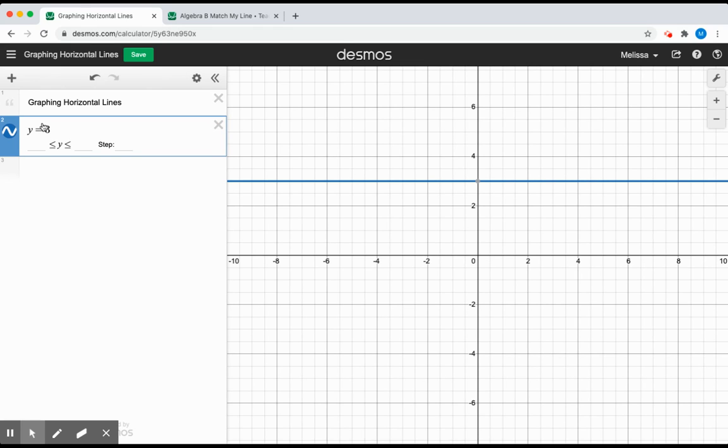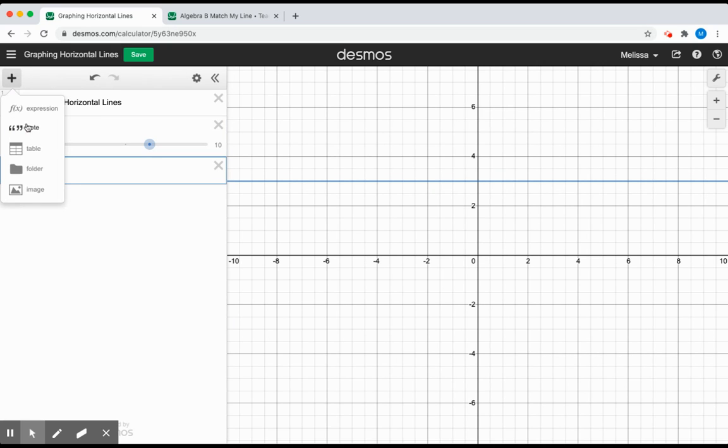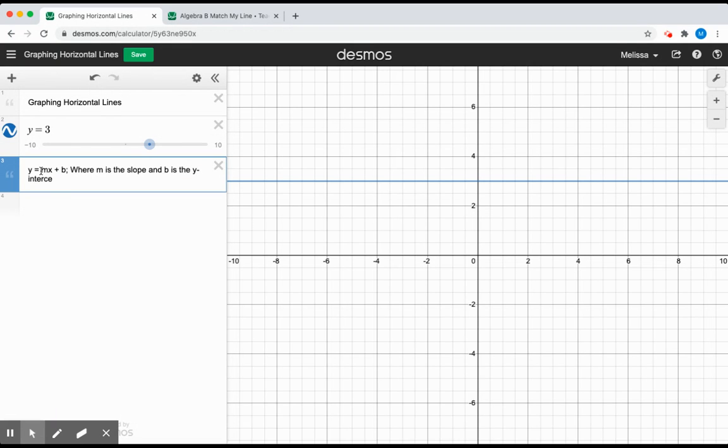And if you're wondering why that is, remember that lines are in the form of y equals mx plus b, where m is the slope and b is the y-intercept.